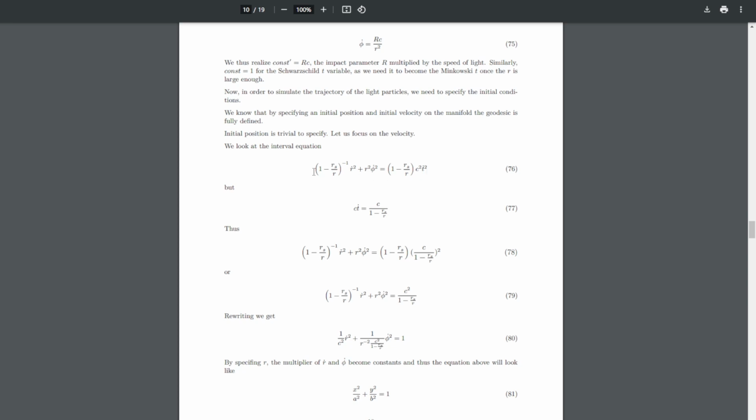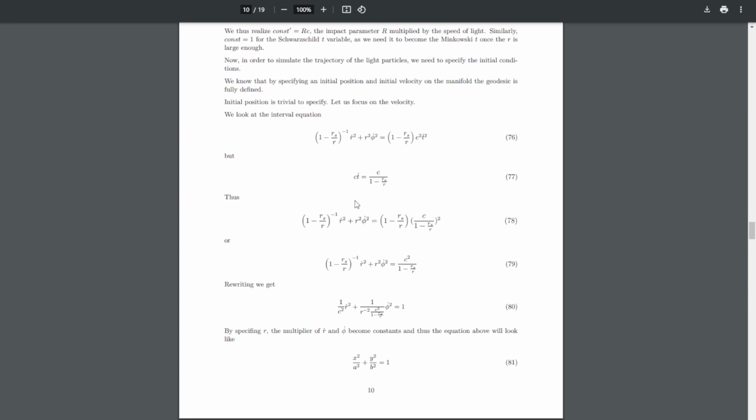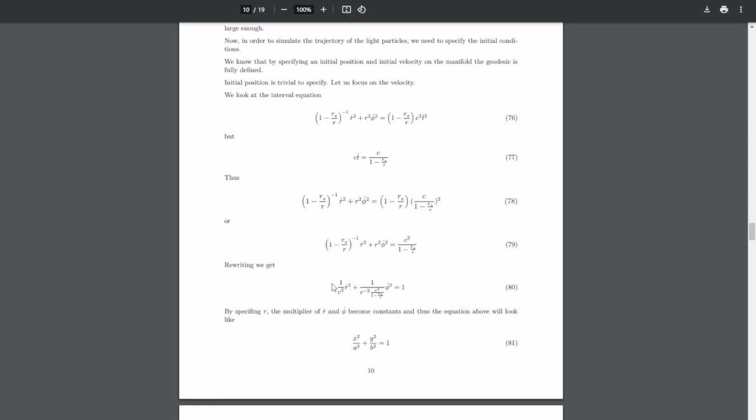We have the interval equation as we wrote it above, which is this. We use the equation of motion for the time coordinate, and we replace this t dot in the interval equation. We get the following, and finally, just by doing some rewriting, we end up with this equation right here, number 80.